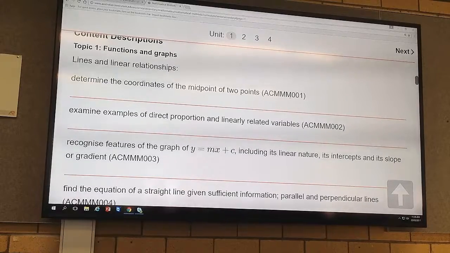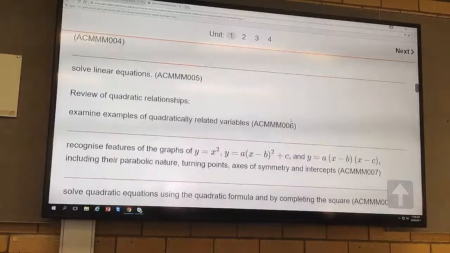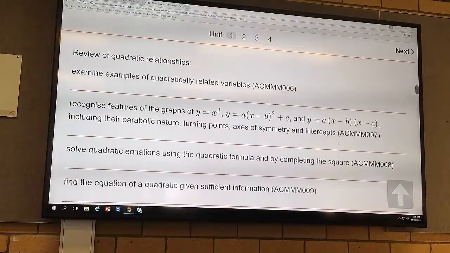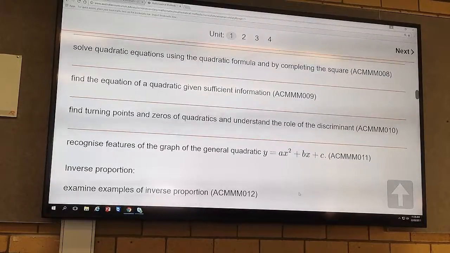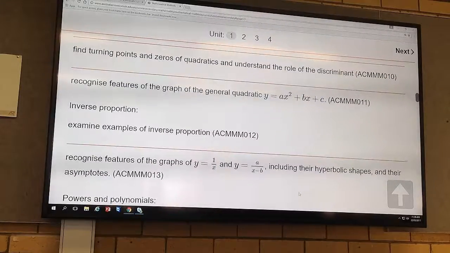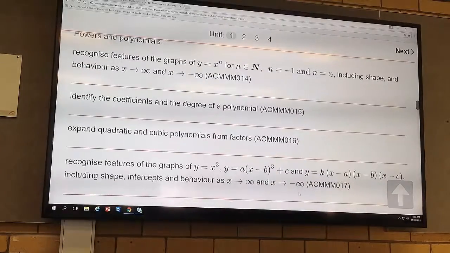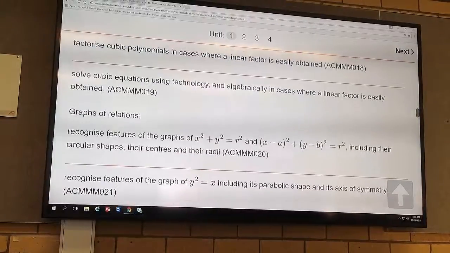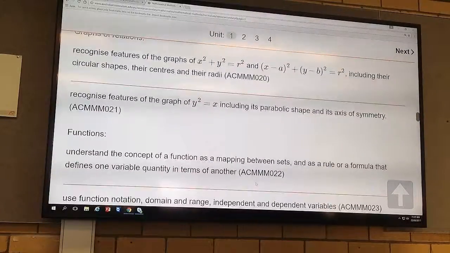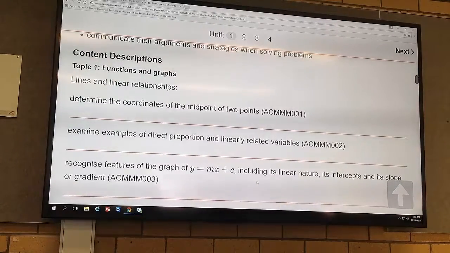Equation of a straight line, parallel and perpendicular lines, solve linear equations, quadratics, equation of a quadratic, turning points, inverse proportion, powers and polynomials, coefficients and degree of a polynomial, graphs of relations, and that's just the function, the linear and linear relationships bit.